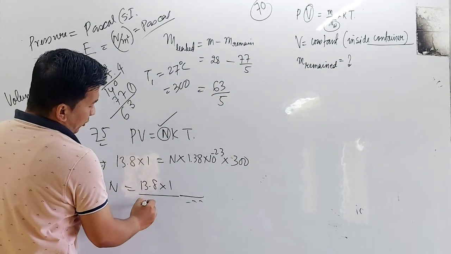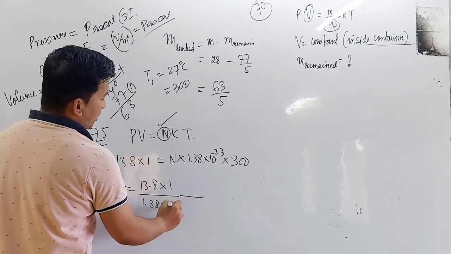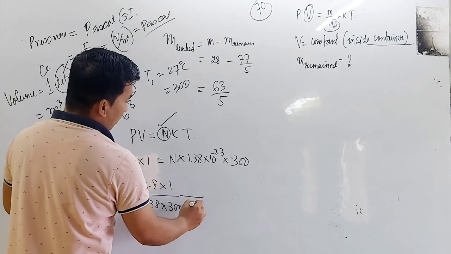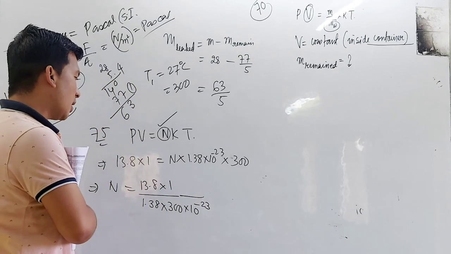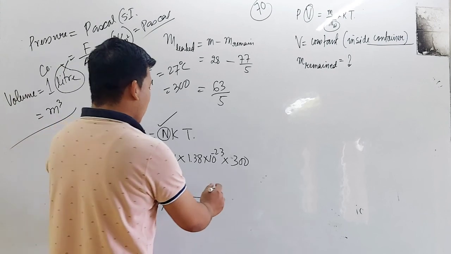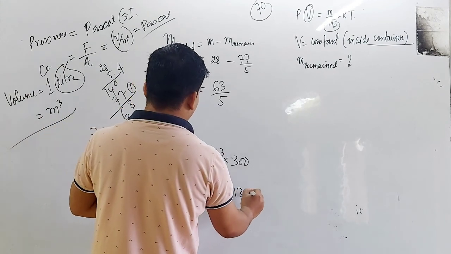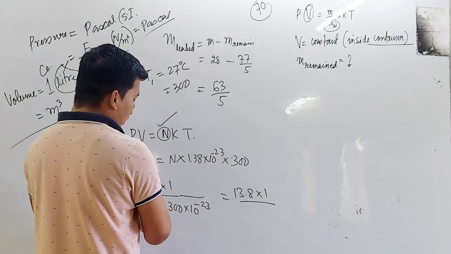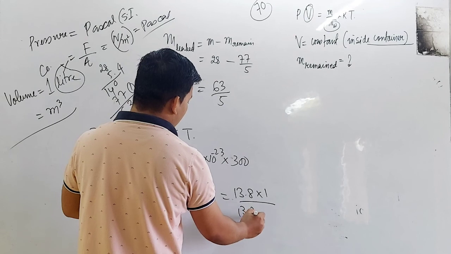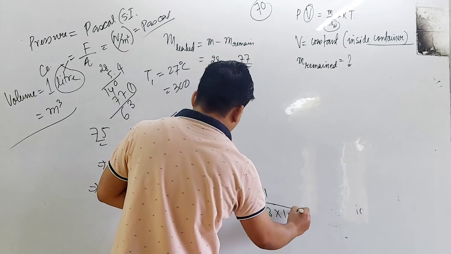It should be 1.38 into 300 into 10 to the power minus 23. We can write it like this: 13.8 divided by 1.38 into 3 into 10 to the power 22 minus 22.